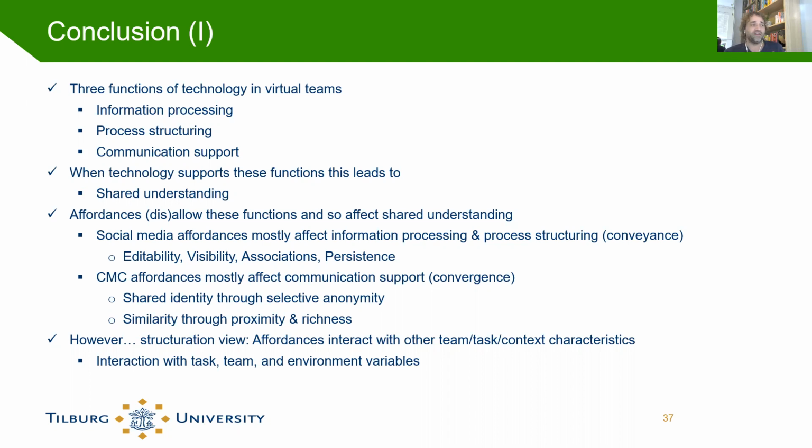So visibility and editability allow you to present information and share knowledge, etc. It allows you to share connections or to create connections between people. So it mostly allows information processing and process structuring. Computer-mediated communication affordances, social presence, anonymity, those kind of things, they allow convergence. So they allow the people to feel connected to each other.